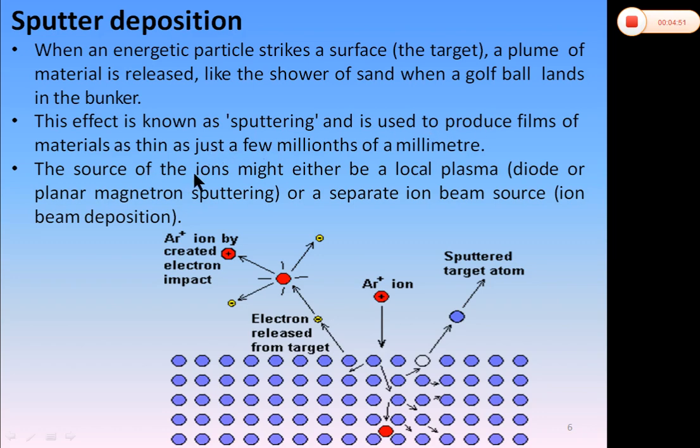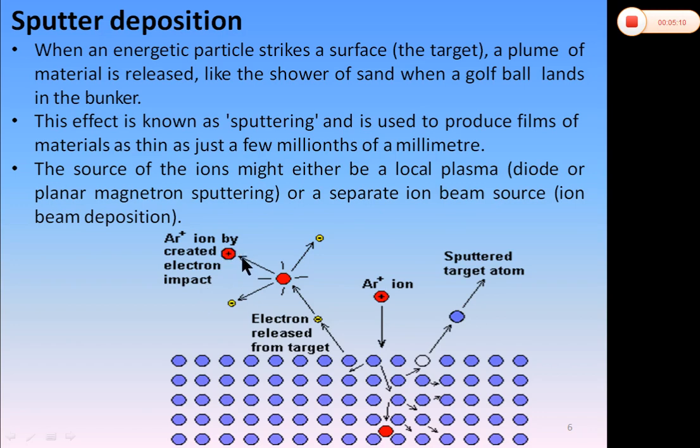The source of the ions might either be a local plasma, maybe diode or planar magnetron sputtering that you will see in the next lectures, or a separate ion beam source, meaning an ion beam deposition source.